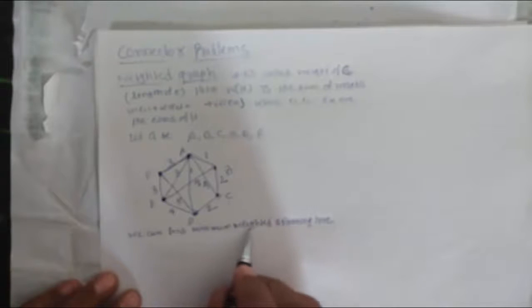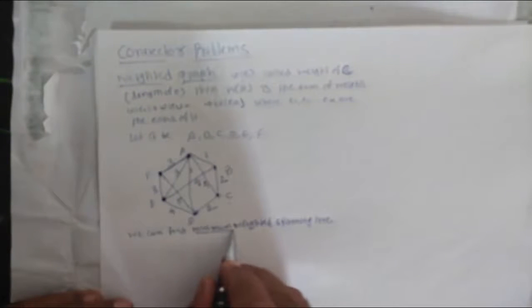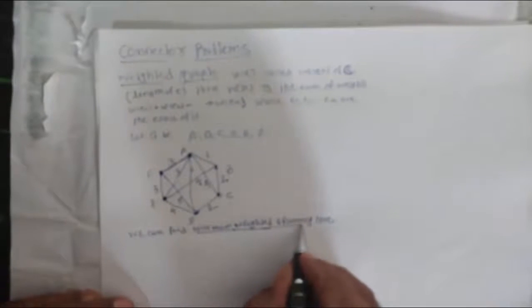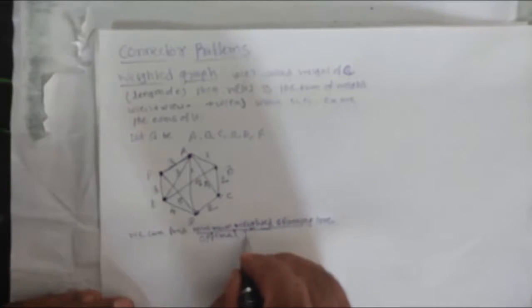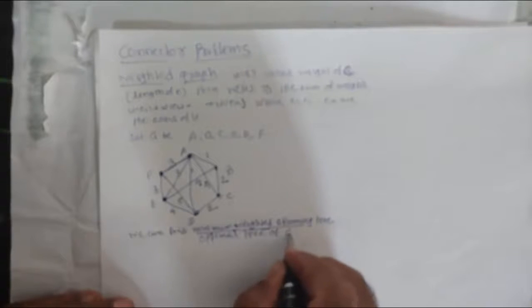A minimum weighted spanning tree is also called an optimal tree of G.